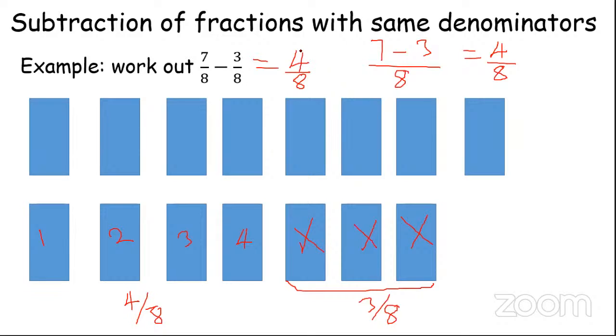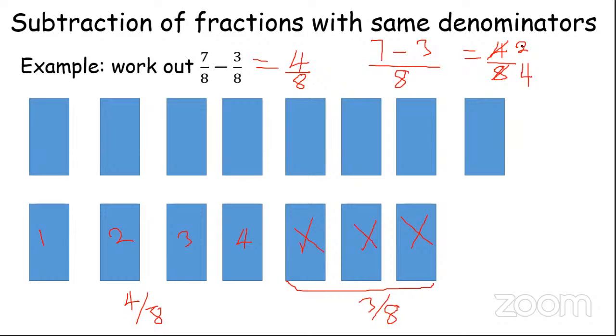So which number are we going to divide both 4 and 8 by? 2. So 4 divided by 2 gives us 2. And 8 divided by 2 gives us 4.